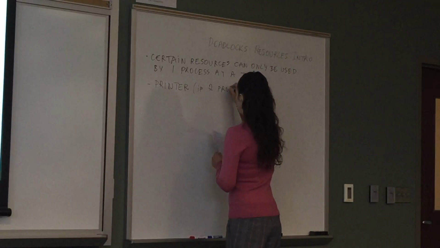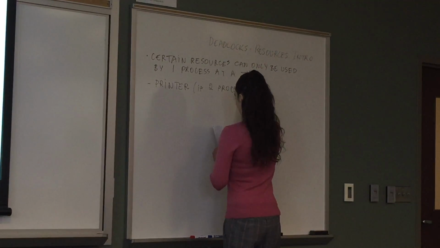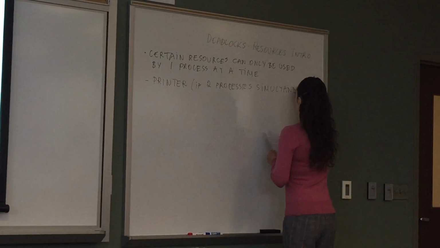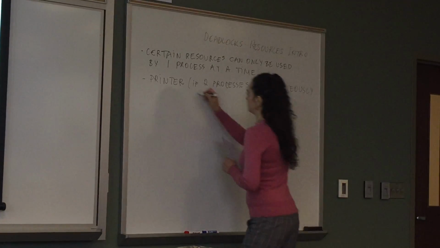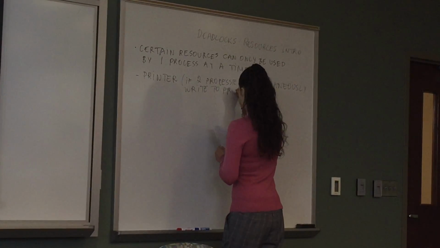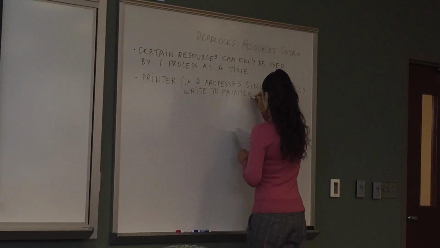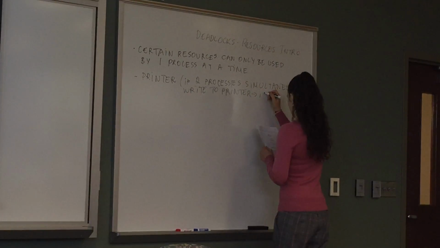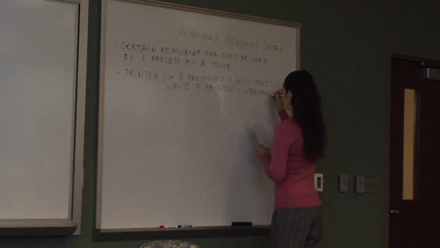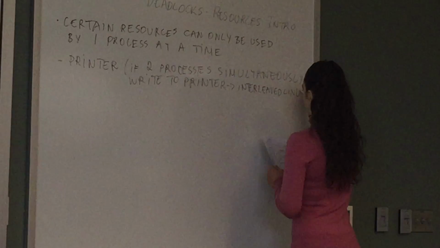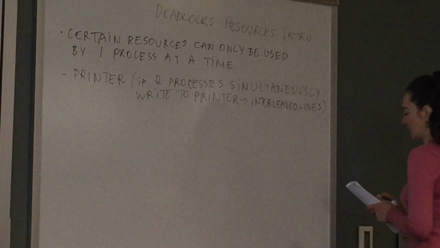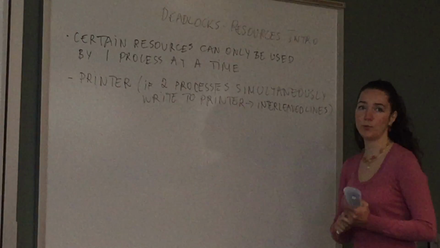So if two processes simultaneously write to the printer, we would have interleaved lines. Can you think of any other examples?